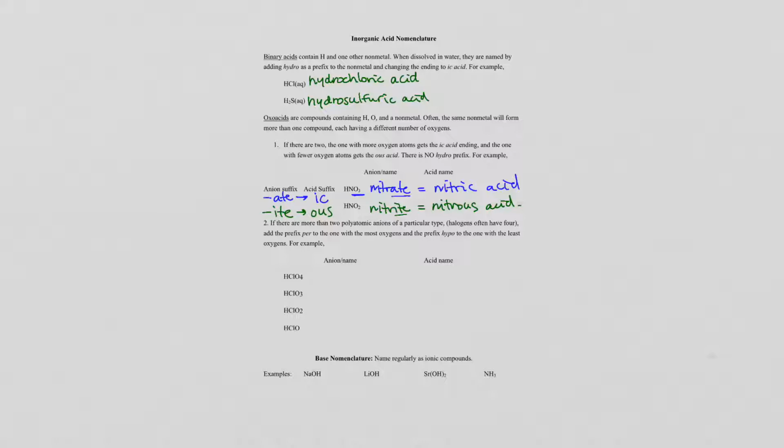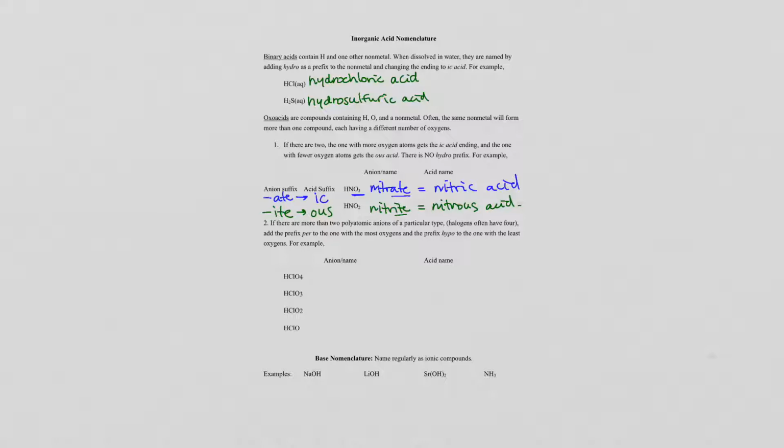There are polyatomic anions of a particular type that halogens also have, most commonly in 4 different variants. I've shown you the variants with chlorine and oxygen. All these anions have a -1 charge, which is why each of them only has a single hydrogen on them to make it acidic. We're going to do the same thing we did for nitrate and nitrite: name these anions and then translate that to acid names.